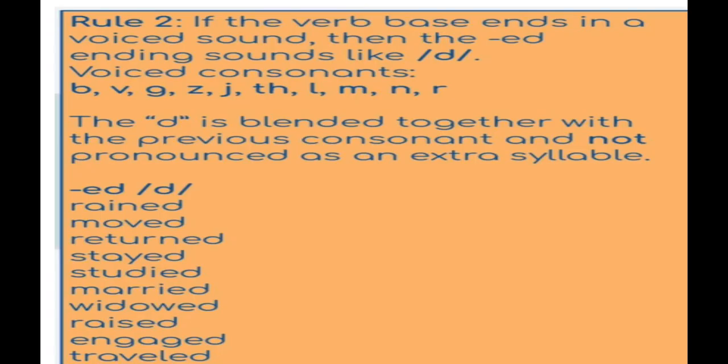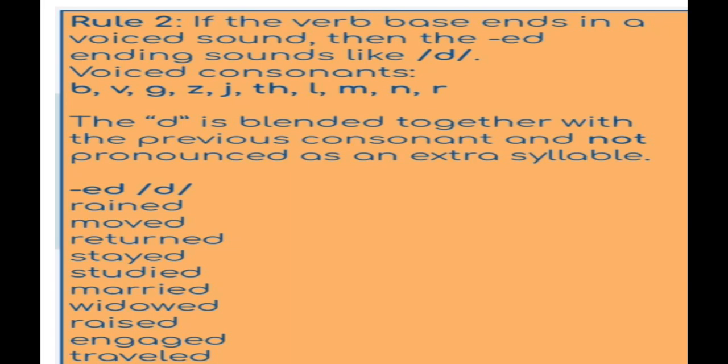Rule 2: if the verb base ends in a voiced sound, then the ed ending sounds like D. Voiced consonants are B, V, G, Z, J, TH, L, M, N, R. The D is blended together with the previous consonant and not pronounced as an extra syllable.